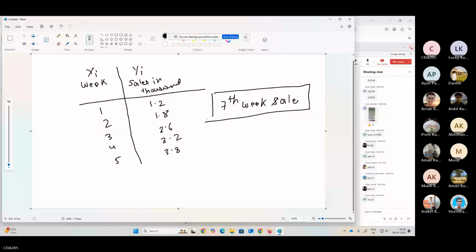Calculate this. So here what we have to find is m. We have y equal to mx plus b, so we have to find the values of m and b. If we get the values of m and b, we can easily find the 7th week.